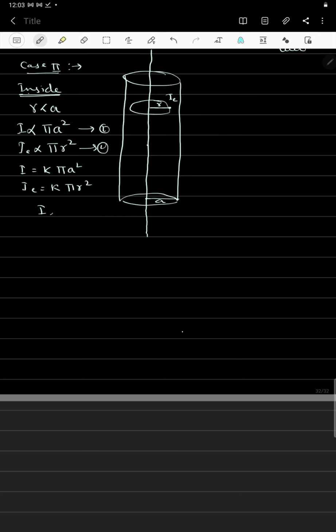If you divide, you will get IE equals I times R square divided by A square. So the enclosed current IE equals R square divided by A square into I.